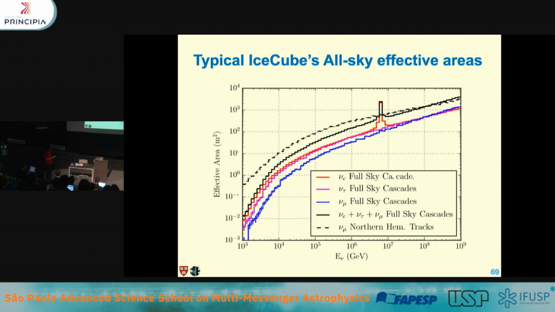Now, the other thing here is related to the other flavors. The next thing I want to notice is this spike here. This spike was because of this Glashow resonance. This is because electron neutrinos, or electron antineutrinos, remember, when they hit electrons, they can produce real Ws, and that enhances the neutrino interaction probability.